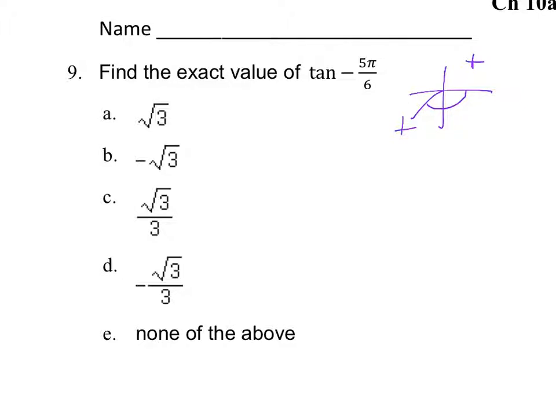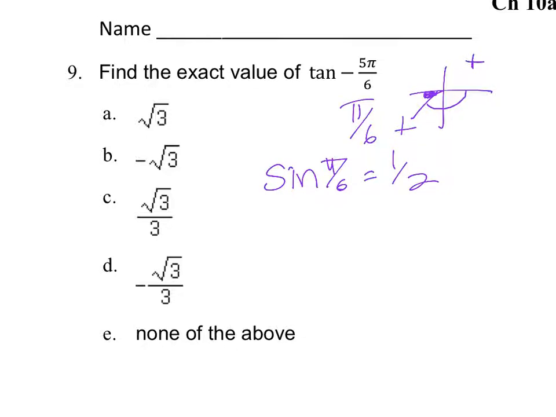Okay, so that means my reference angle right here is basically a pi over 6. On the unit circle, for pi over 6, remember I said the sine of 30, or pi over 6, is 1/2.